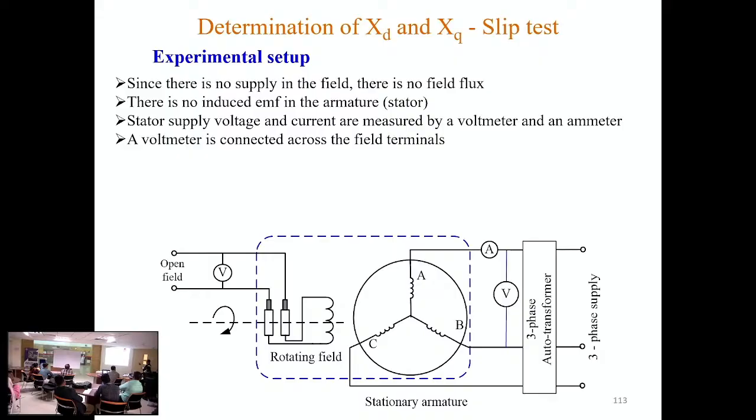So induced EMF will be there in the field winding, whose frequency will be S into X. That we will see later. The point is induced EMF will be there in the field winding, not in the armature winding. Up to this, okay. And that induced EMF will be recorded, or can be seen, by this voltmeter.